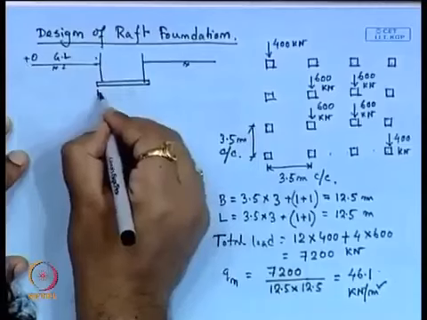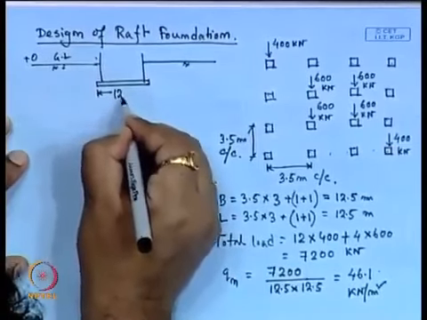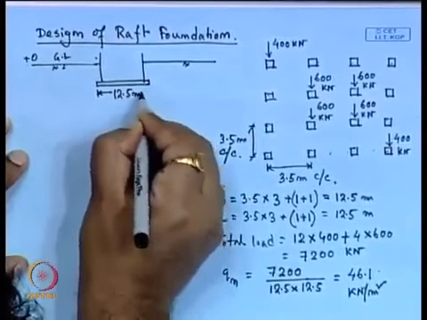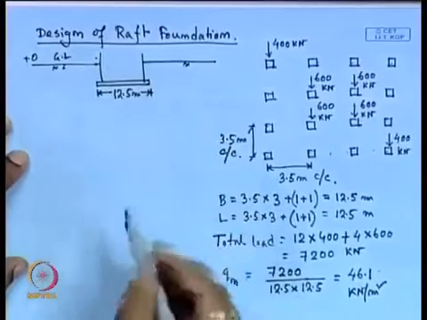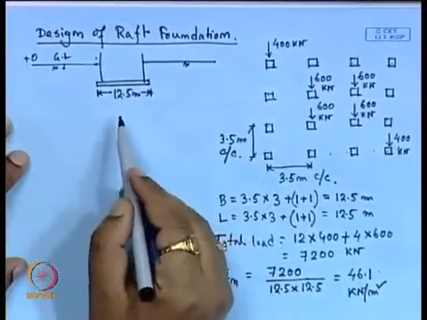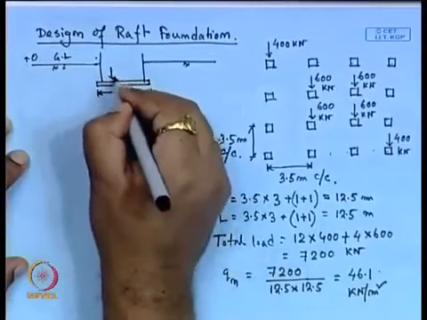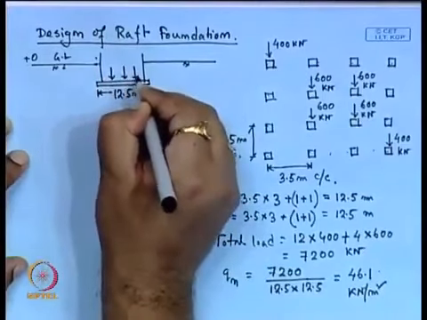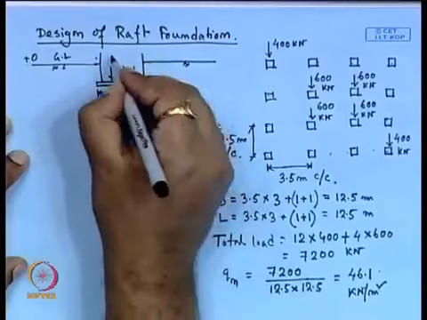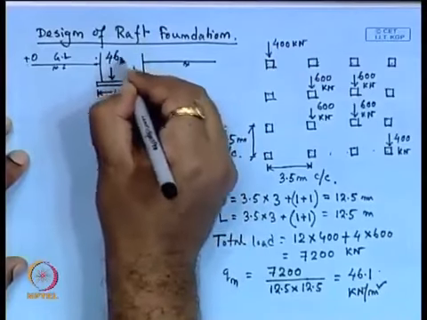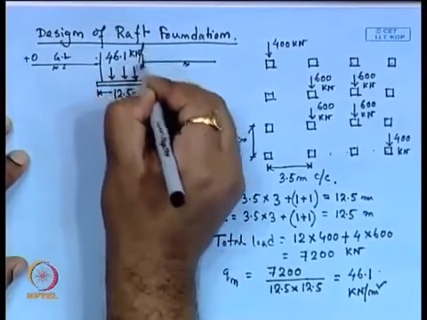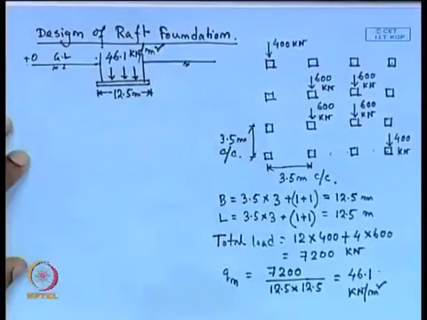So, the raft width is 12.5 meter and the length is also 12.5 meter, and the net load acting at the base of the raft is 46.1 kilonewton per meter square.